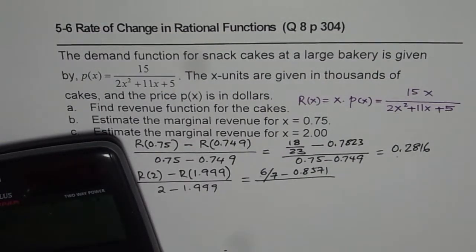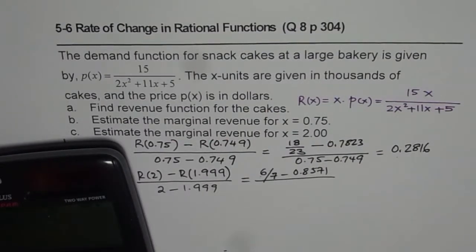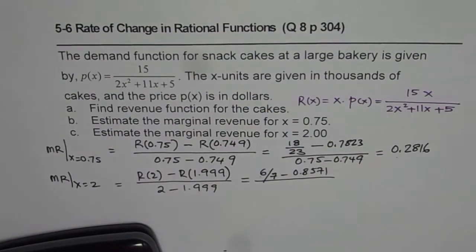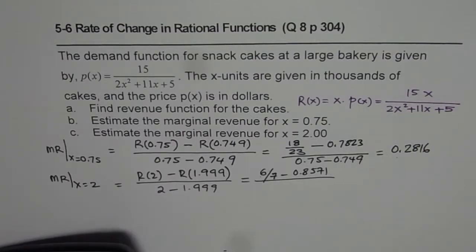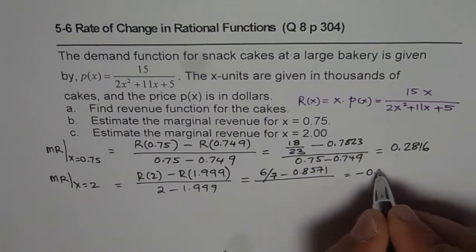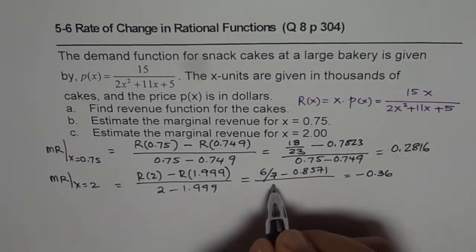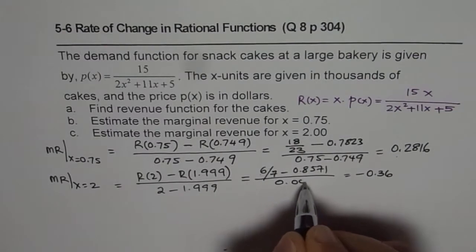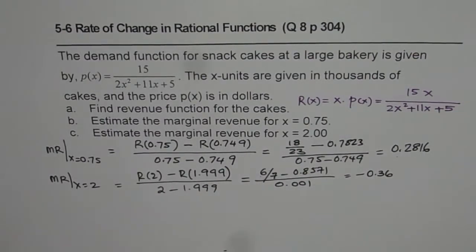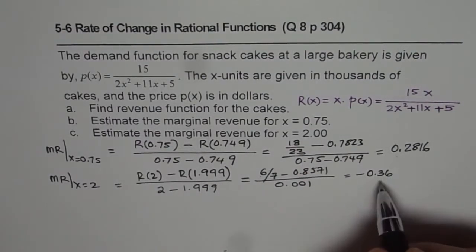Minus, I'm using the opposite sign. We have to be very careful when we do it in the reverse way. Bracket close divided by, within brackets, 2 minus 1.999, equals, so we get minus 0.36. Let me write here thousandths, so 0.001. Okay, so that is what we get when we do the calculation.